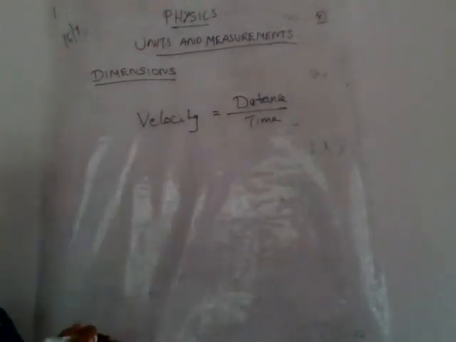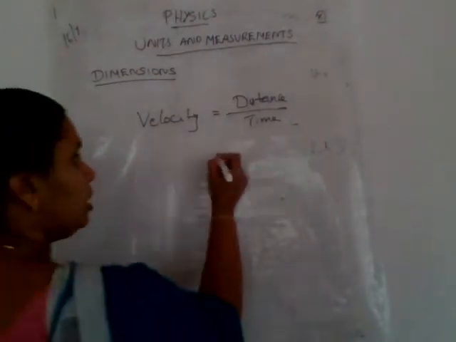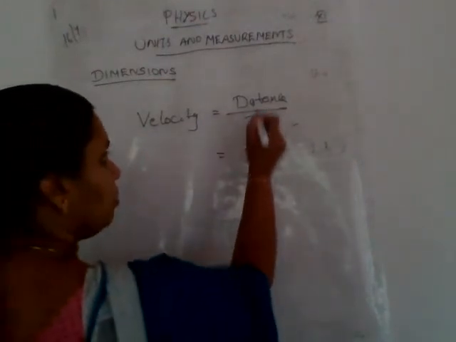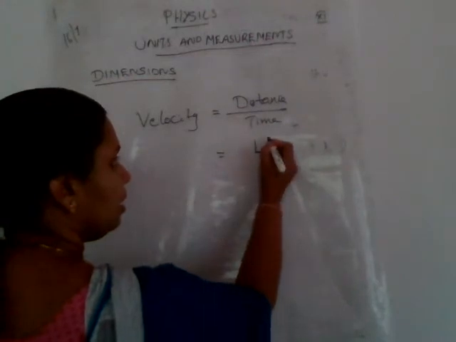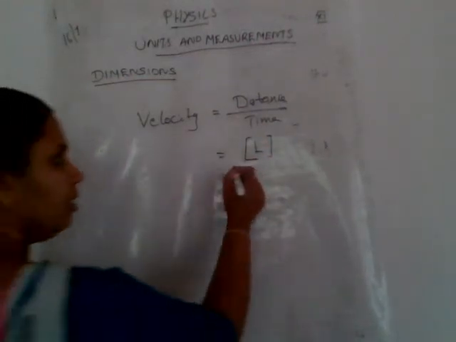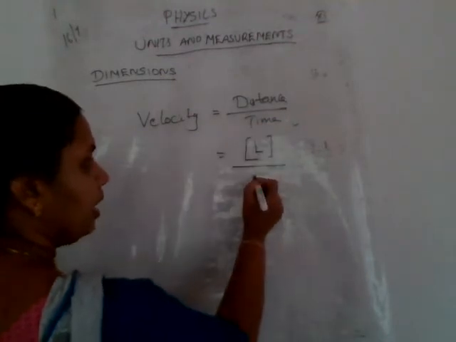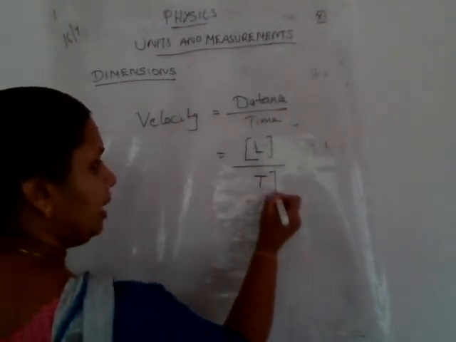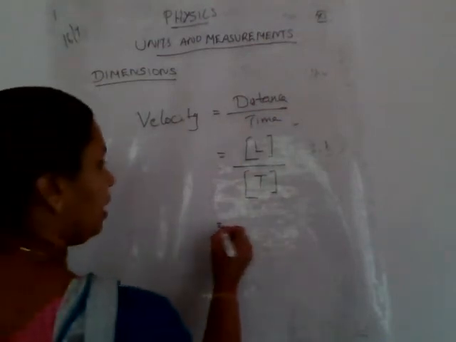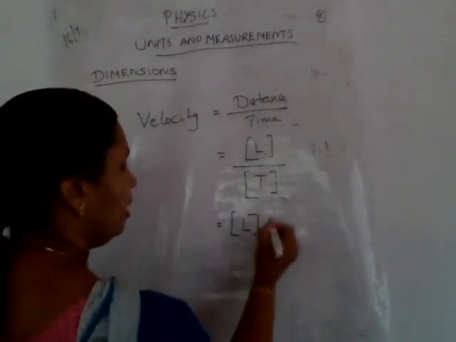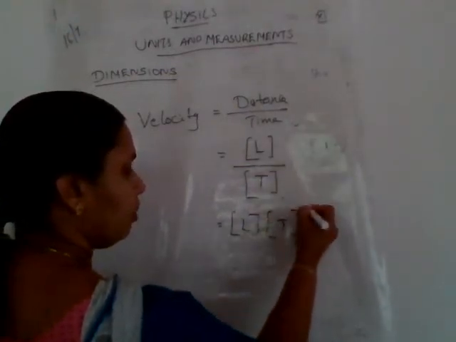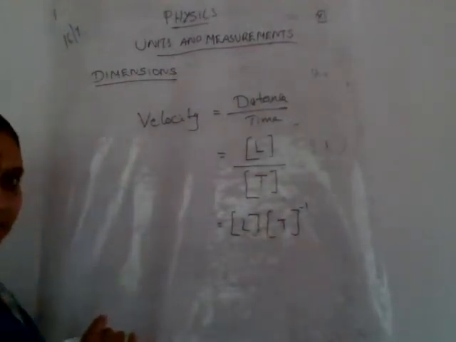Distance is the measurement of length, so we write the dimension of length, that is L, divided by time. What is the dimension of time? It is T. So we can write L by T raised to 1, and bringing it to the numerator it is minus 1.